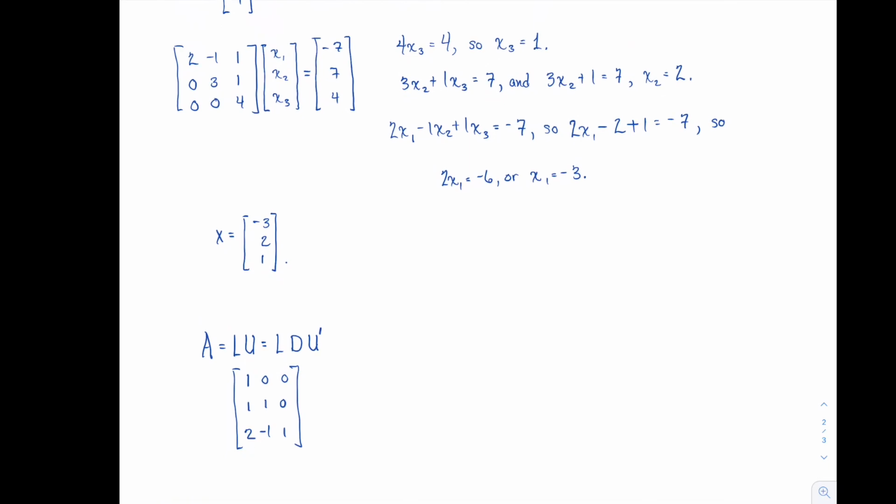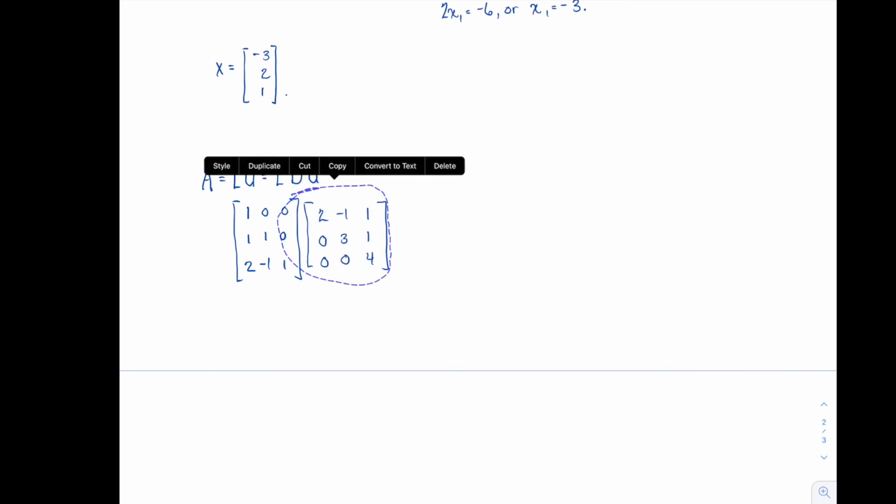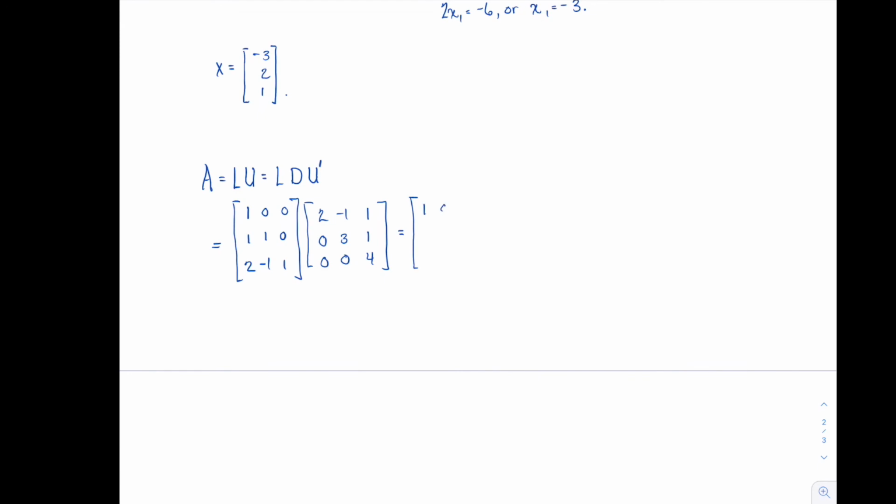And we want our U. Well, U, we said, is right here. Okay. There's A equals LU, and we want LDU, and I'll explain this.